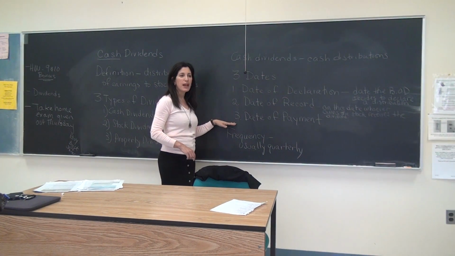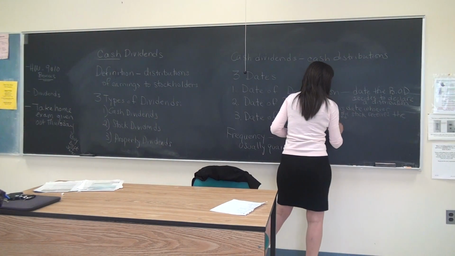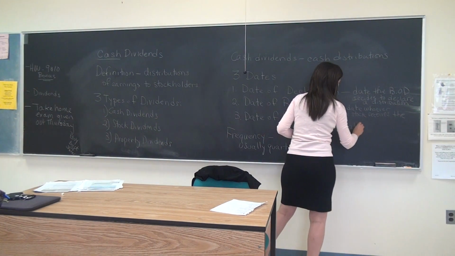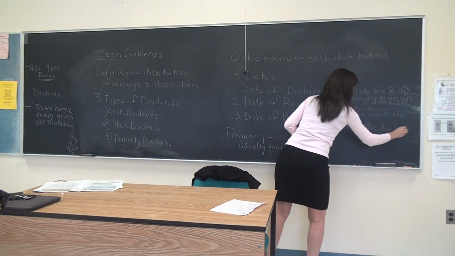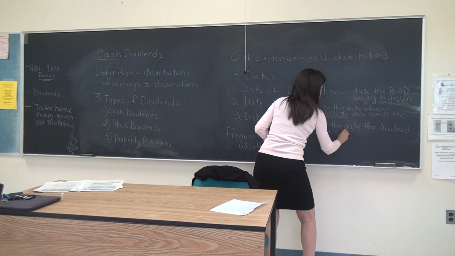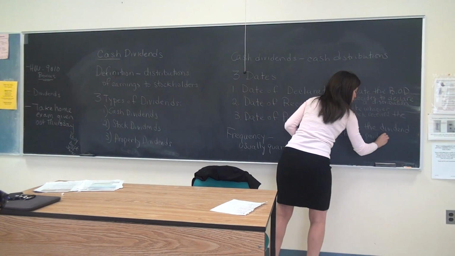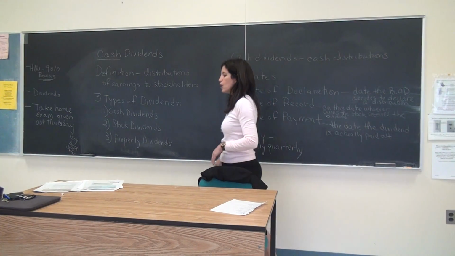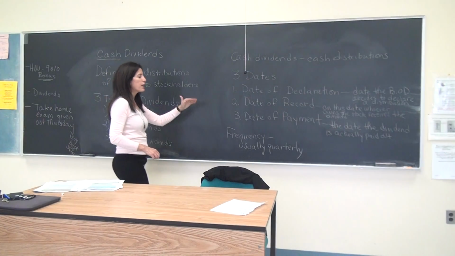The date of payment, as you might guess, is the date that the dividend is actually paid out. So there are three dates.